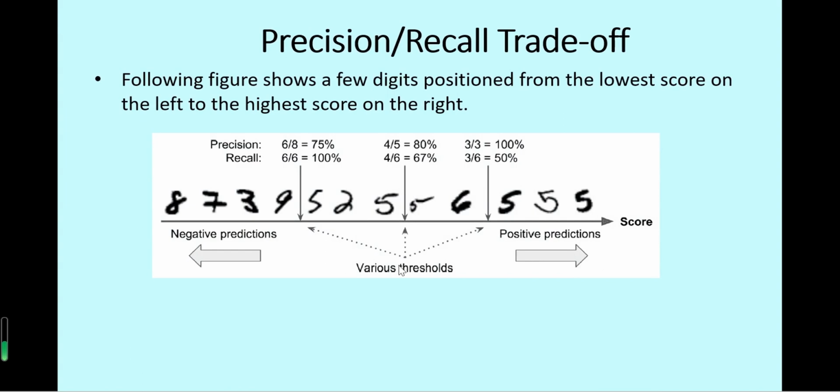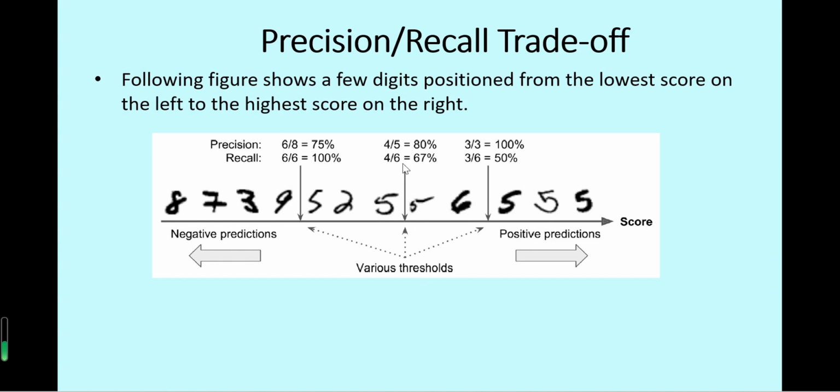If we set the threshold here, because the score is fixed for each observation, the instances with a score higher than this threshold will be classified as positive, so classified as 5. Of those classified as 5, 4 are correct and 1 is not a 5. So the precision is 80% here, right?